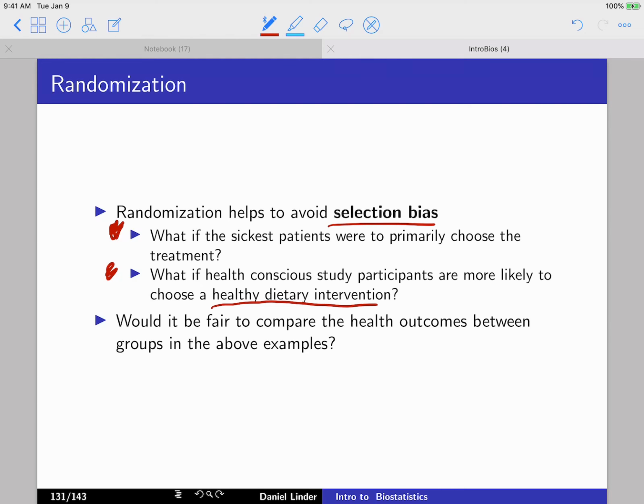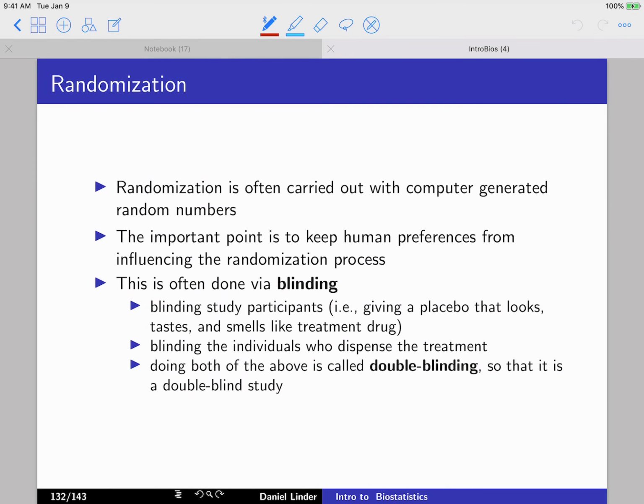Okay, if you have confounding, then it's kind of hard to separate and isolate just the effect of the independent variable that you're interested in. So in this case, treatment versus placebo. Okay, so randomization is typically carried out with a computer-generated random number in software.